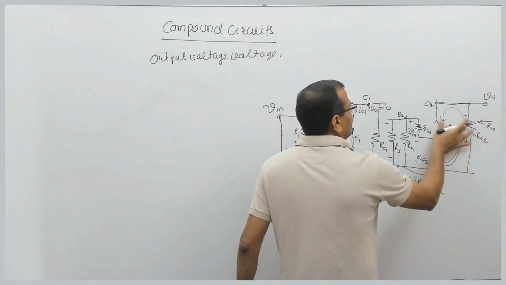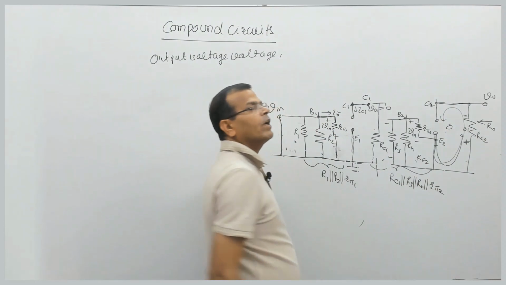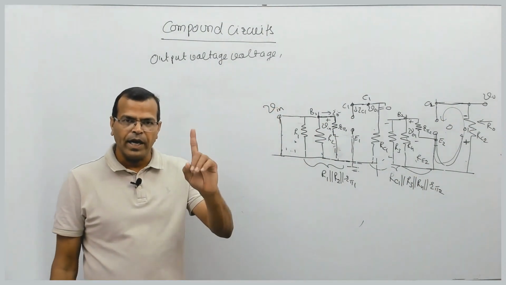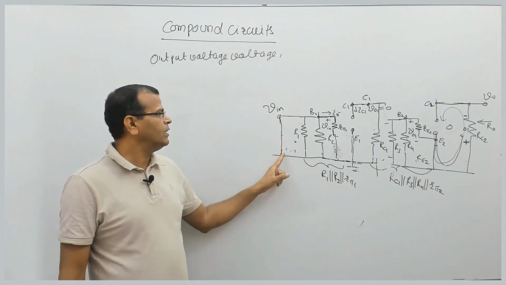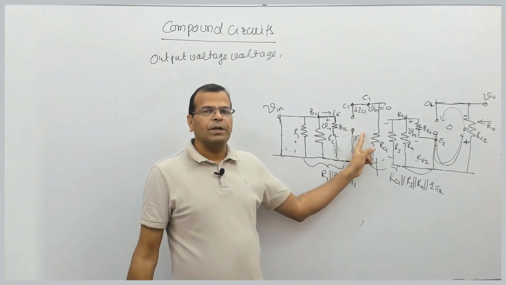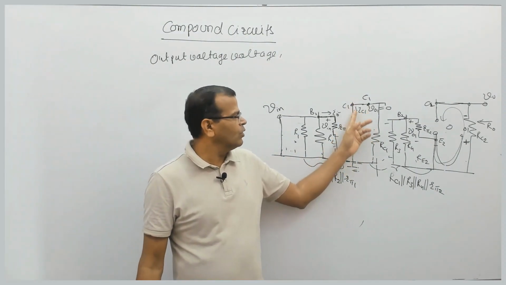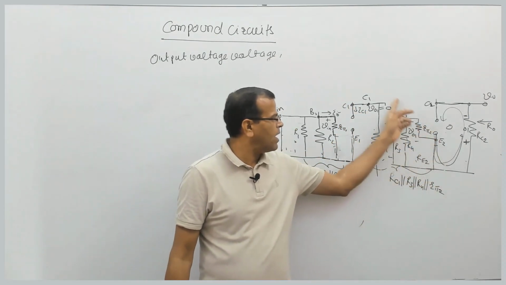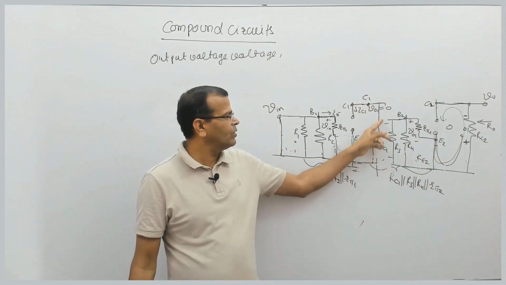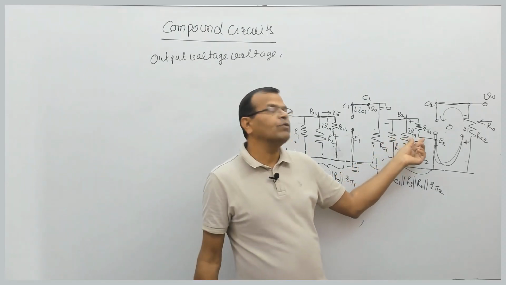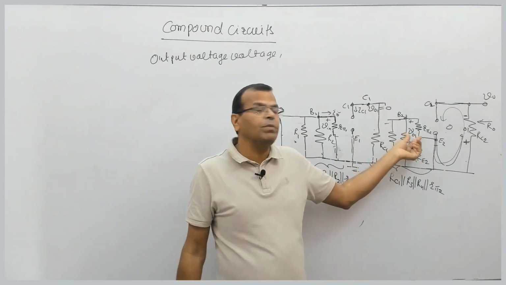And when this is 0, this current source will behave like an open circuit. I repeat, when this is 0, this dependent source becomes 0. This becomes open circuit. So there is no current source in this part, and the voltage drop across this will be 0. That means V01, the output of the first stage, will be 0.